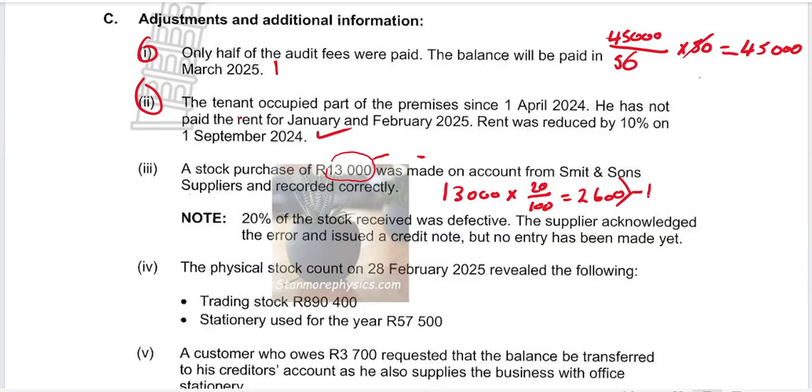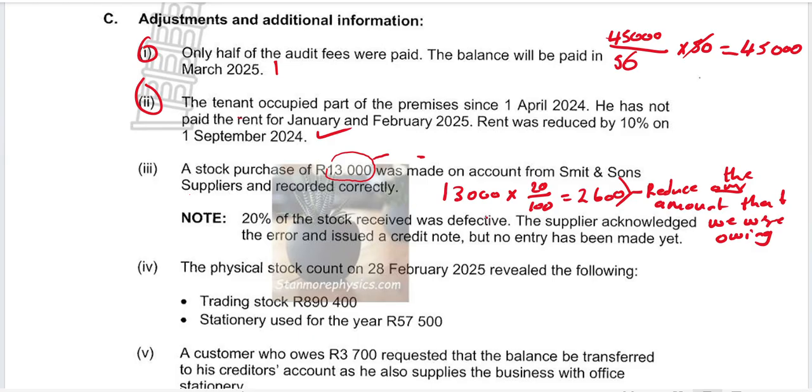It will reduce the amount that we were owing, because we are no longer going to pay this. We are no longer going to pay him 13,000.